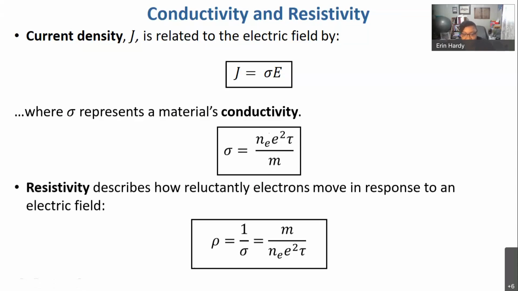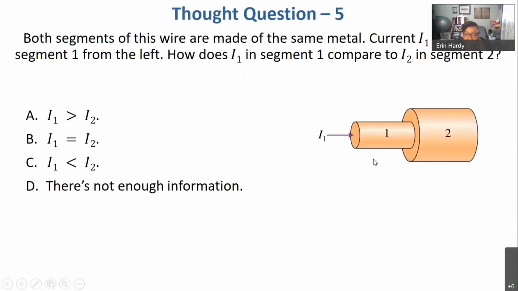So the greater the resistivity, the more that material opposes the flow of electrons through its interior. And we can say something opposite about conductivity. A high sigma material is one that does not strongly impede the flow of charges through its interior.